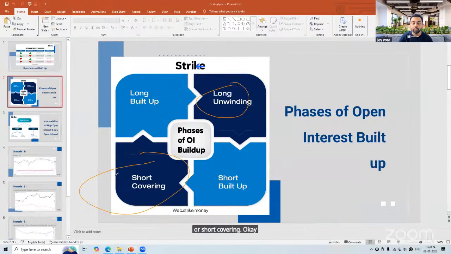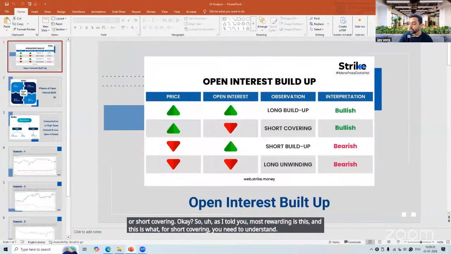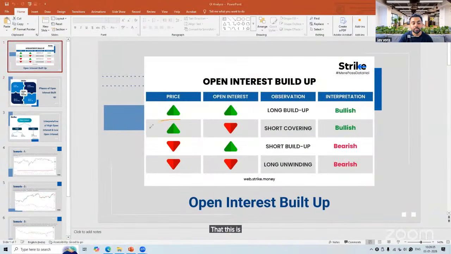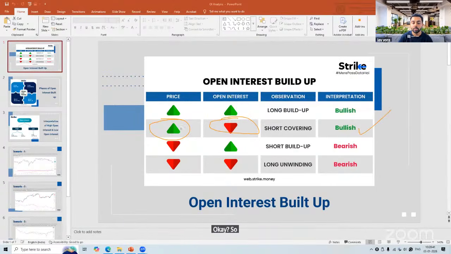As I told you, the most rewarding is short covering, and for this you need to understand the pattern, which means prices rise higher and open interest rises higher. This is the pattern of short covering.